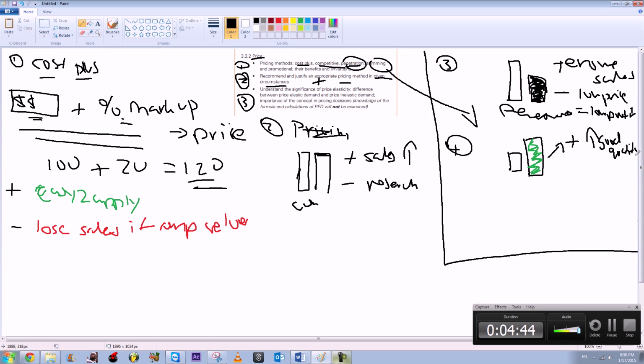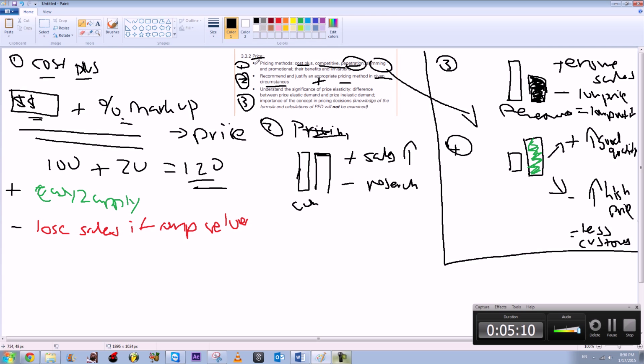I'm surprised there's no dynamic pricing here, but you don't have to know dynamic pricing. You can learn it if you want, or leave a comment in the description and I'll tell you, or you can Google that. The disadvantage of this is that it may put off some potential customers because of such a high price. High price equals fewer customers.